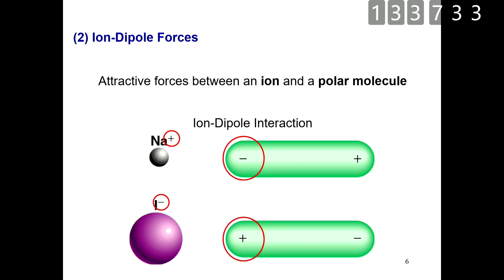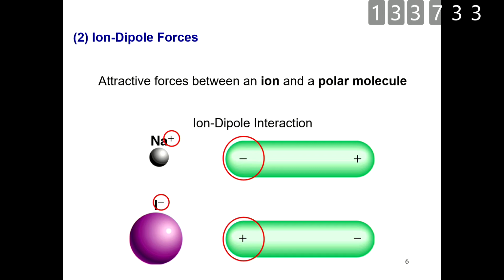For example, you can see this is the carbon oxide, okay? When the sodium cation comes close to the carbon oxide, they will form between the sodium and this oxygen, right? Oxygen has negative charge. So plus charge, negative charge, they will attract each other.